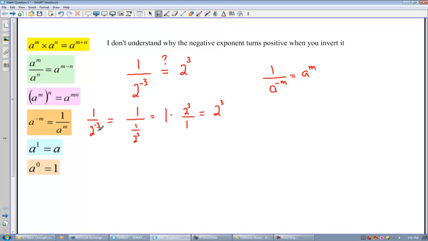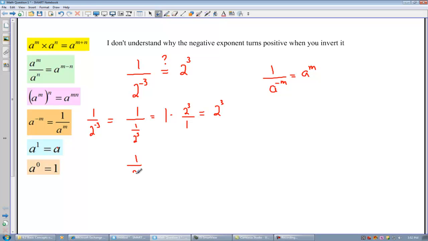And you can run through this argument over here where you see a 2, you write an a, where you see a 3, you write this m, and the whole thing follows from that. And that's one explanation.